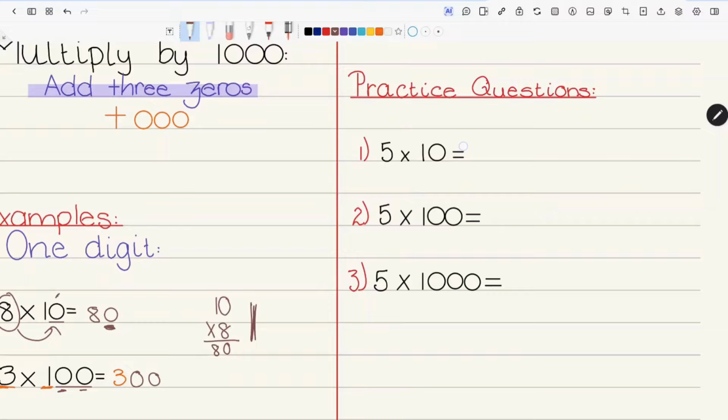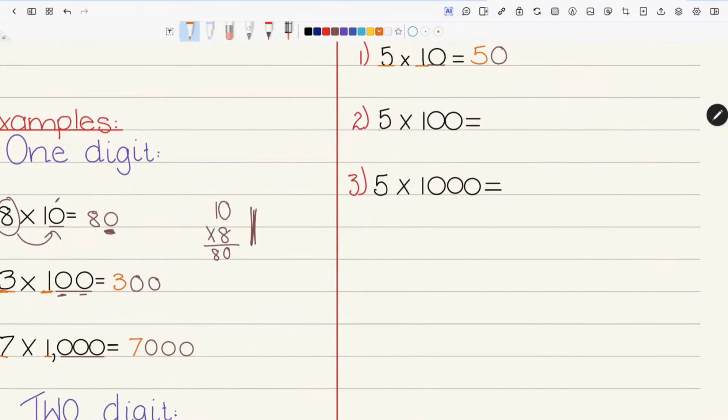Okay, welcome back. I hope you've done the questions. Now, remember, 5 times 1 equals 5. Now, how many zeros are there in 10? 1. So you add the 0. The next question. 5 times 1 is what? 5.